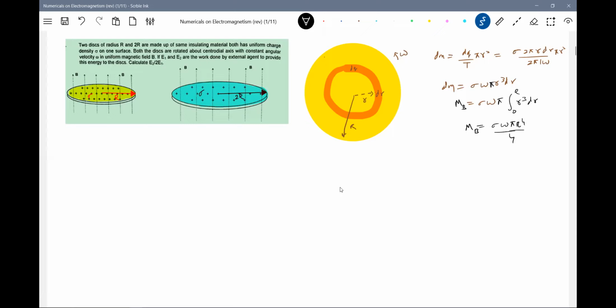What is the dipole moment of the first one? MB1. The dipole moment of the second one, MB2. These are the magnetic dipole moments of the rotating charged disk.